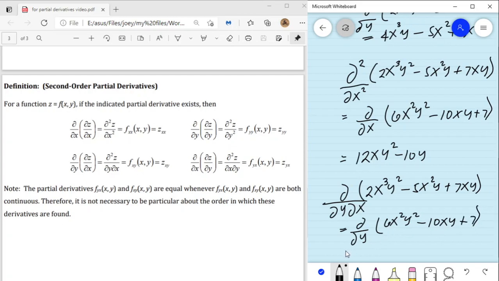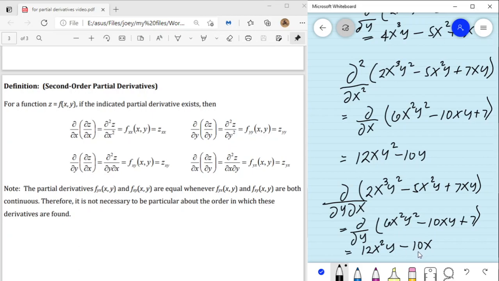So, deriving this time with respect to y, x will be held constant, so we will then have 12x squared y minus, this time x is held constant, so we'll have 10x plus 0, or simply 12x squared y minus 10x.